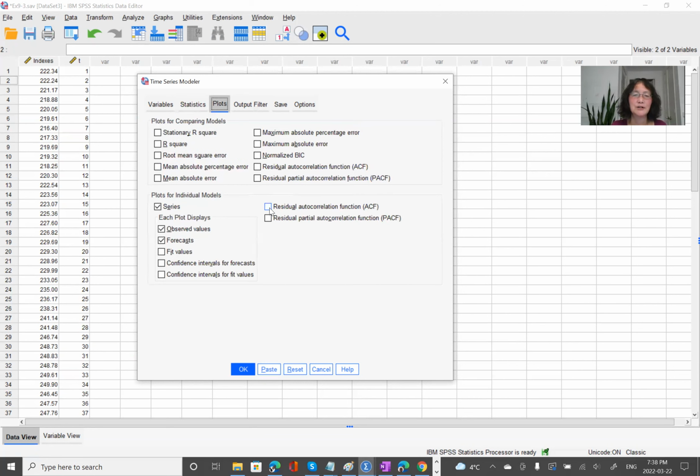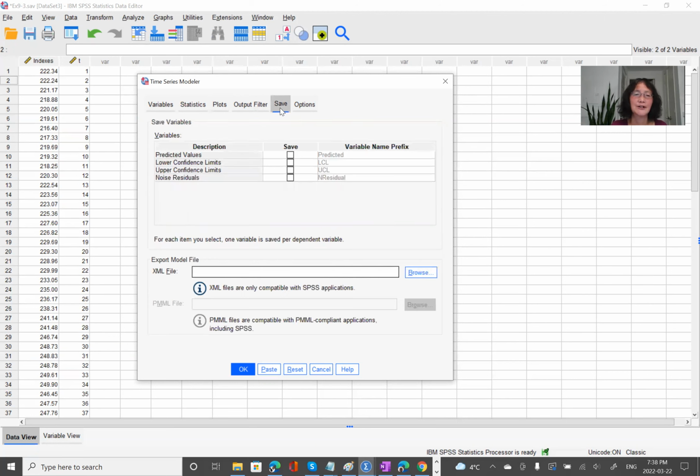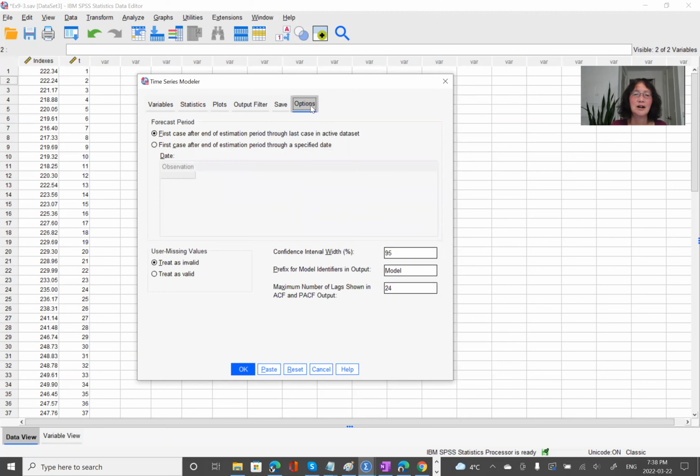Plot: we want residual autocorrelation, residual partial autocorrelation. Save: predicted value. Options: we want to forecast for time period 66. All right, then you click the OK button.